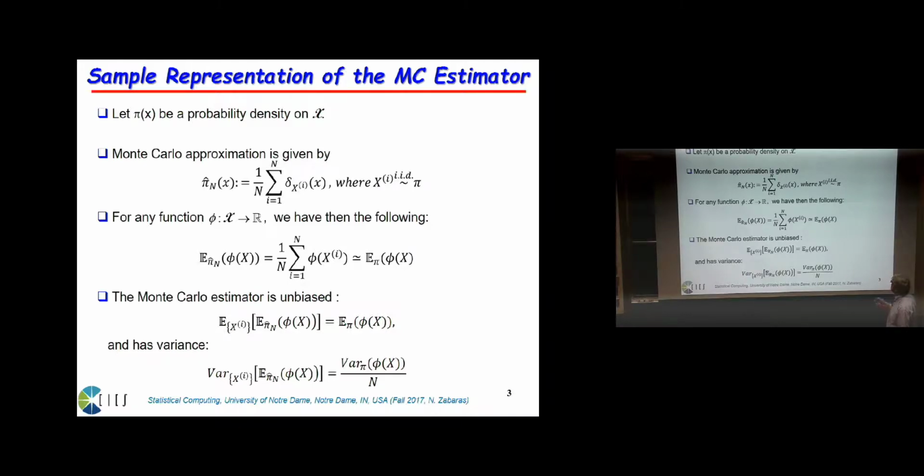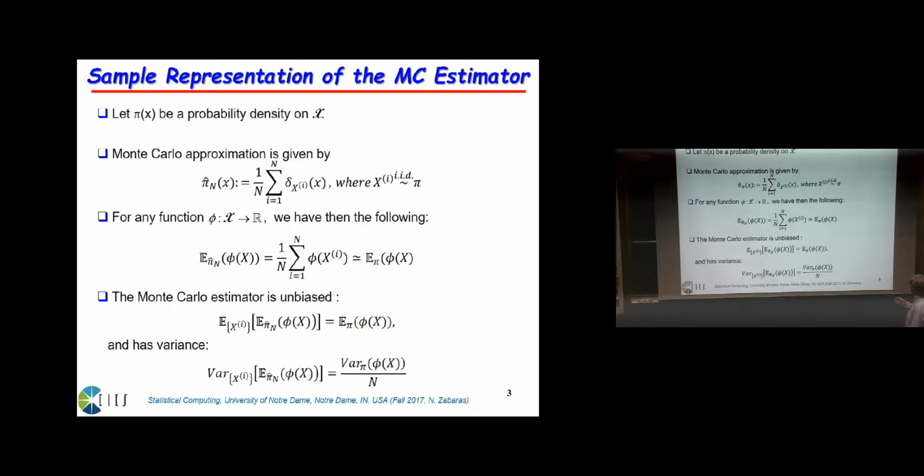We discussed the Monte Carlo approximation for the distribution pi of x. The samples come from the distribution pi, and the approximation is these delta functions, and the weights are 1 over n. Today you will see a similar approximation where the weights are not going to be 1 over n.